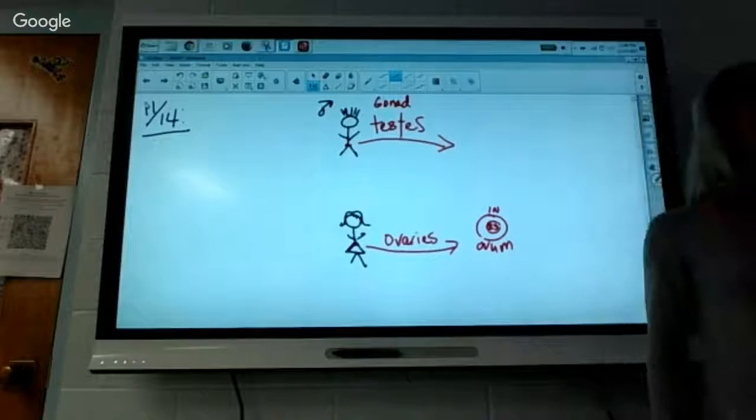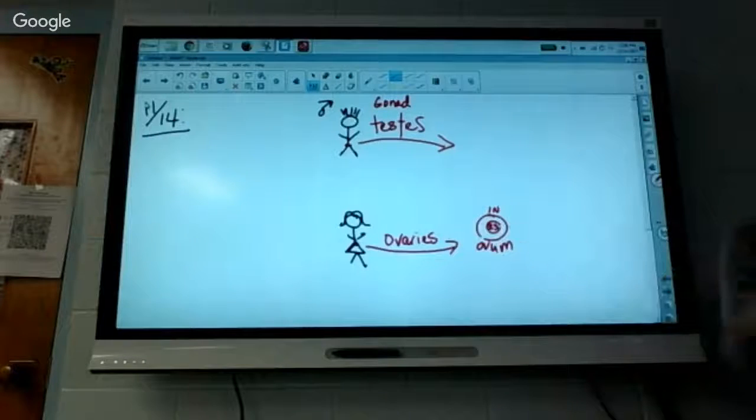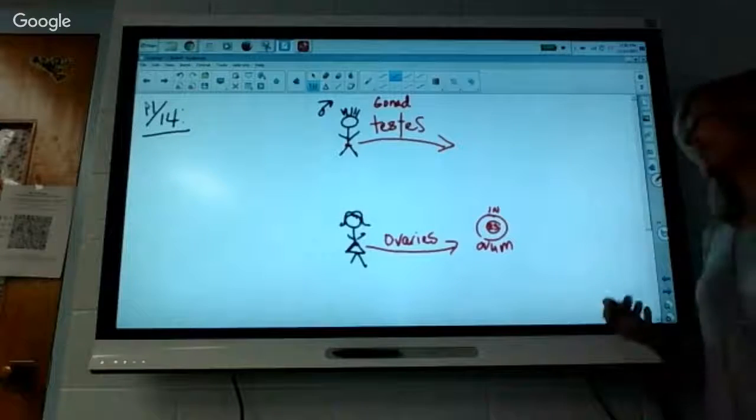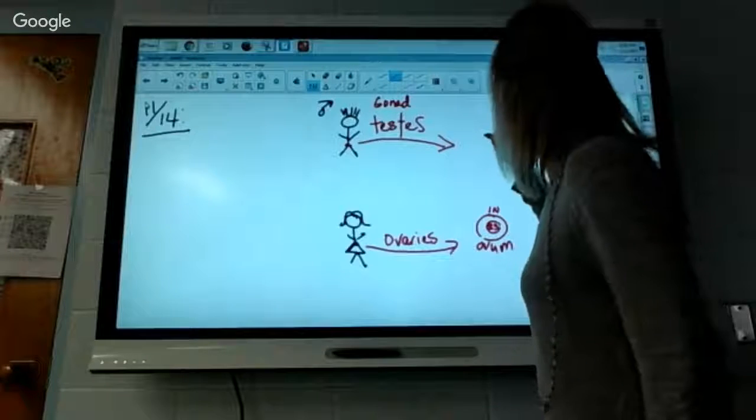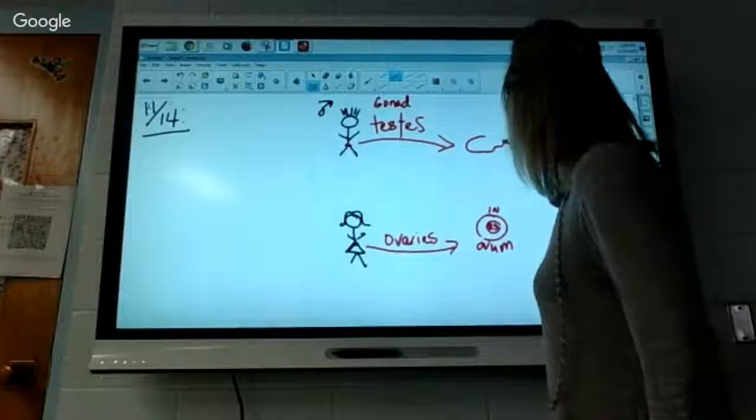Sometimes they use that. So what do you think OV over there means? Ovary, ova, ovum, egg. Sure does. That's just the root word for egg. Now we're going to make this sperm look like a jumbo sperm, but it's really very tiny.